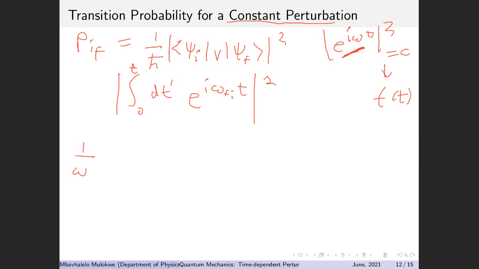You just get 1 over omega final initial with that i. But we still have to square. So you get i omega final initial multiplied by t. Remember, this is a dummy variable, so that's t prime. Then we're evaluating this between 0 and t, so you get that, subtract e to the 0, which is just 1, right? And you have to take the mod of that.